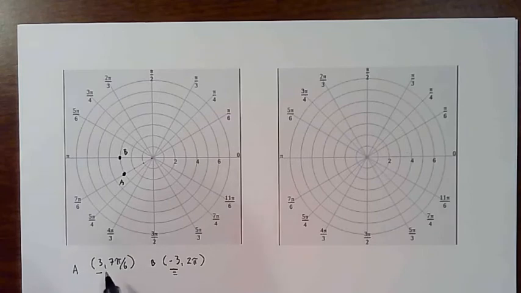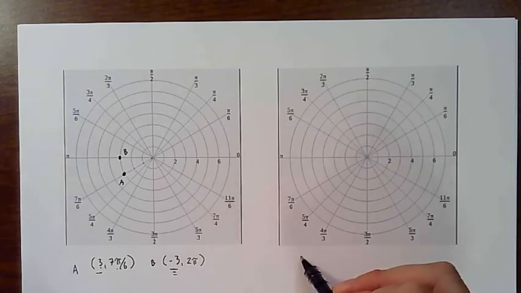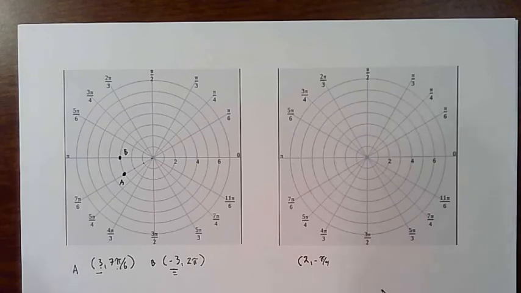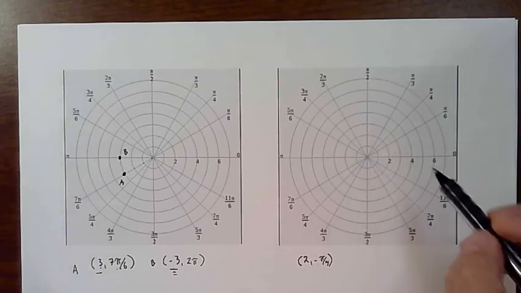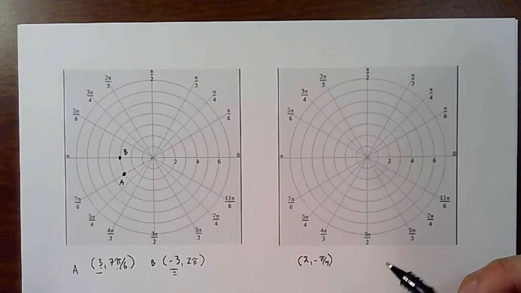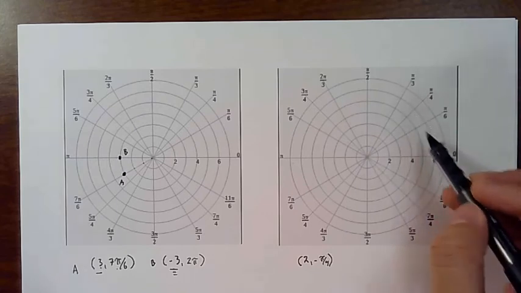Okay, so we've covered positive r, positive theta, and negative r, positive theta. Let's do one of each of the other kinds. So let's have a positive r and a negative theta. What we're going to need to do is sweep out this angle first. You need to know that negative pi over 4 will just be pi over 4, but in the opposite direction.